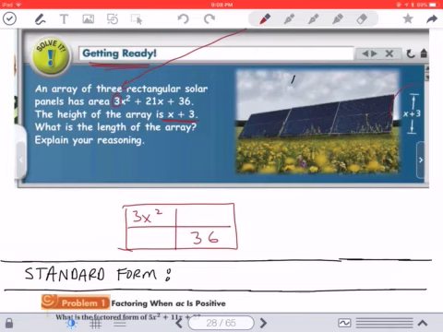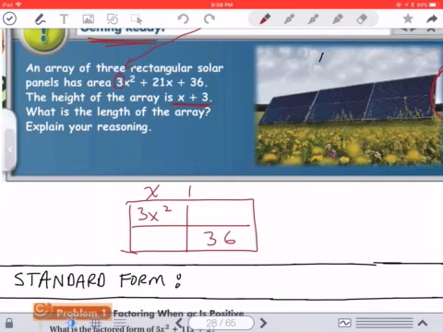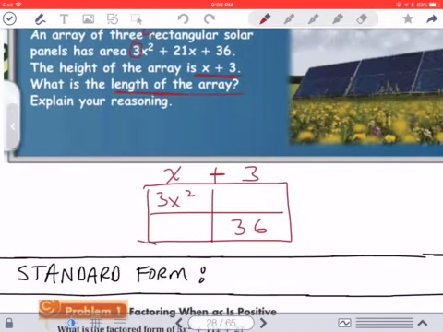So I can write x plus 3 right here, and then I can fill in the rest. It says, what's the length of this? Well, the length has to be the other dimension, so this has got to be 3x, because the only thing that x can multiply by to get to 3x squared is 3x. So x times 3x is 3x squared.